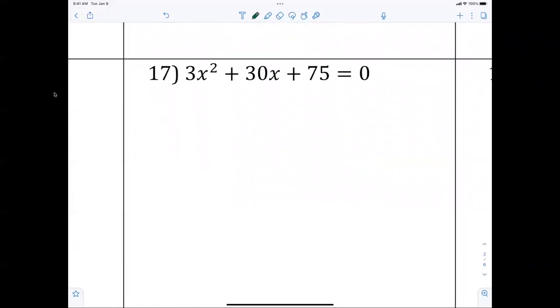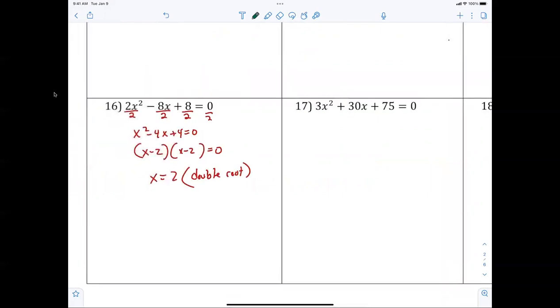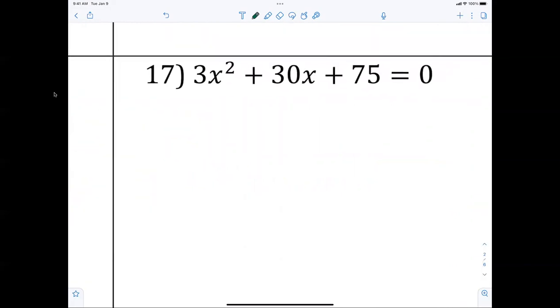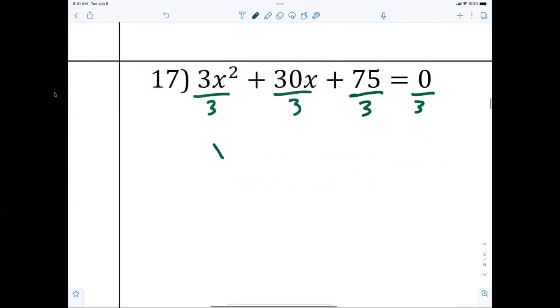Now, we have a minor problem on 17. Did we look at 16? What do I need to do? Yes, divide everything through by 3. 3 is a constant, so I'm dividing out 3. 1, 10, 25.